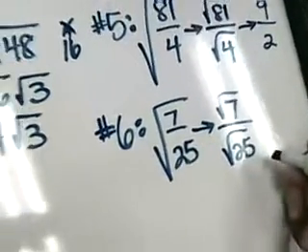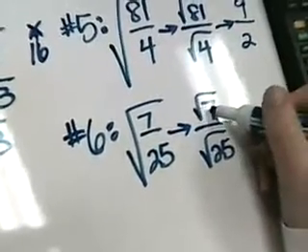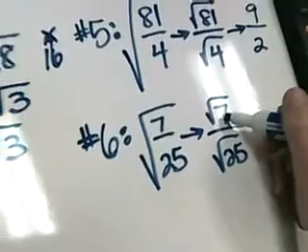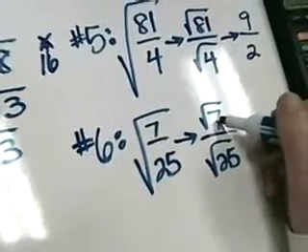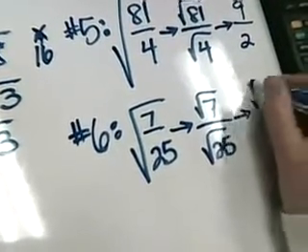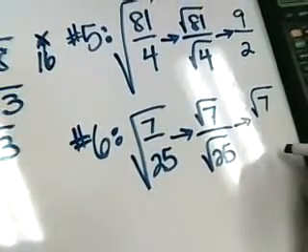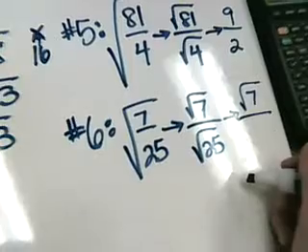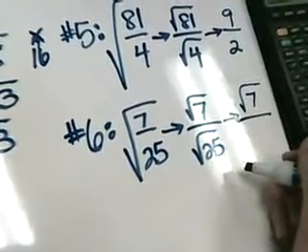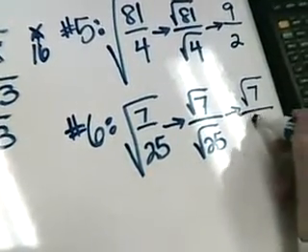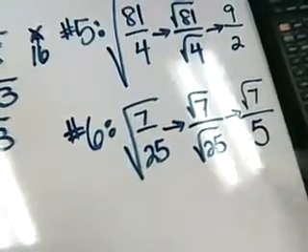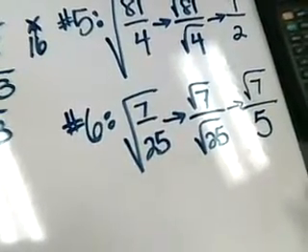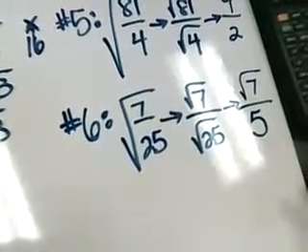Now they're being easy on you here because what do you know about 7? 7's a prime number, so it doesn't matter what method you use. He's not going to be able to be broken down because he's prime. And what do you notice about 25? 25 is a perfect square. He's in your list. Square root of 25 is 5. There's my answer. So I didn't have to do tree method or perfect square method on that one.